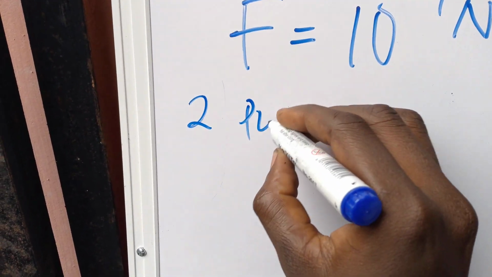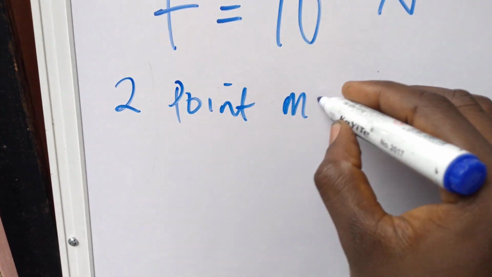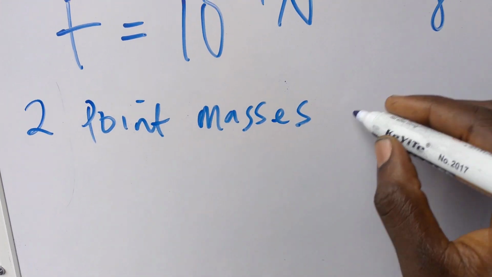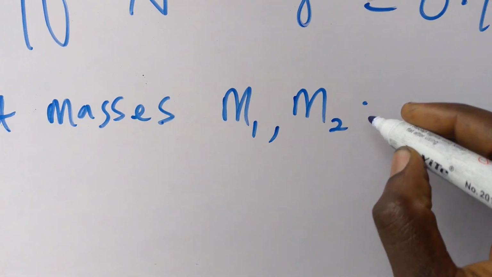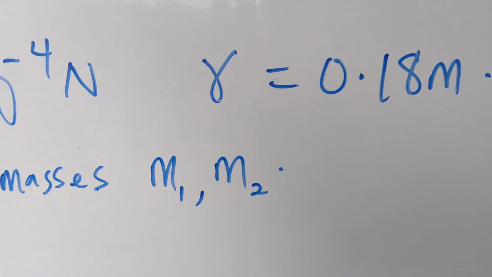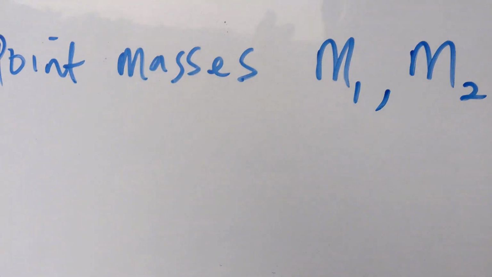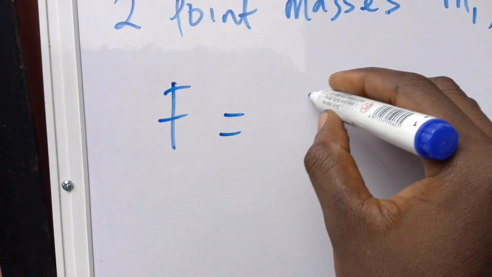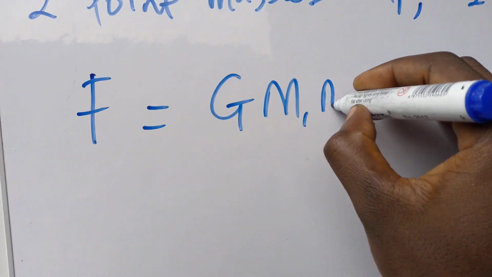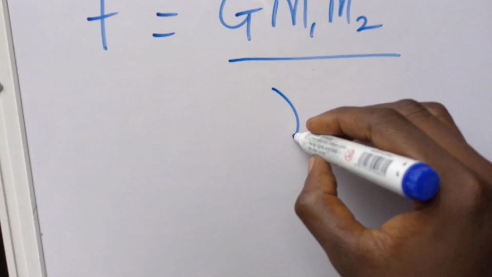Okay, so we are then told for this first scenario now, you say F is equals to G M1 M2 over R square.